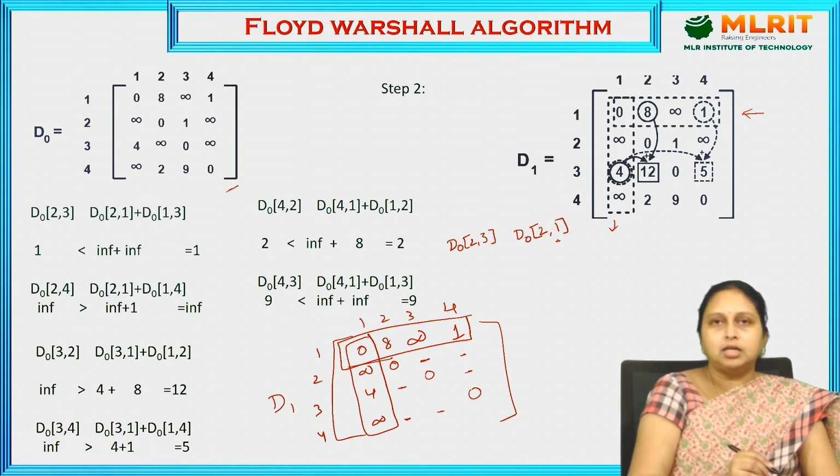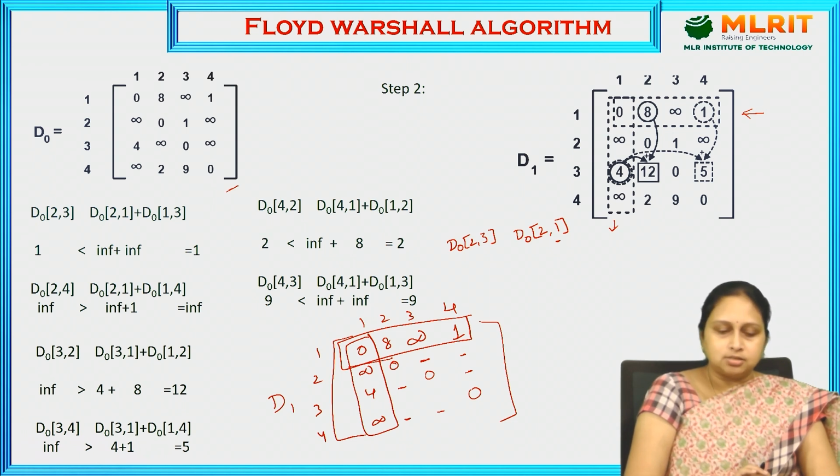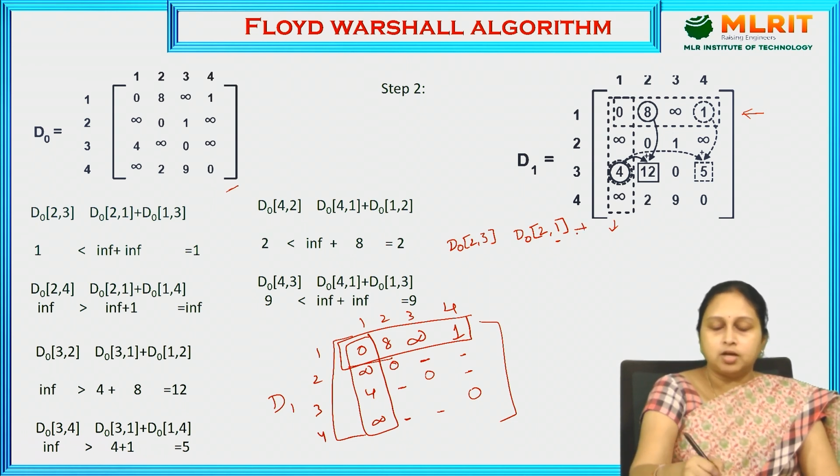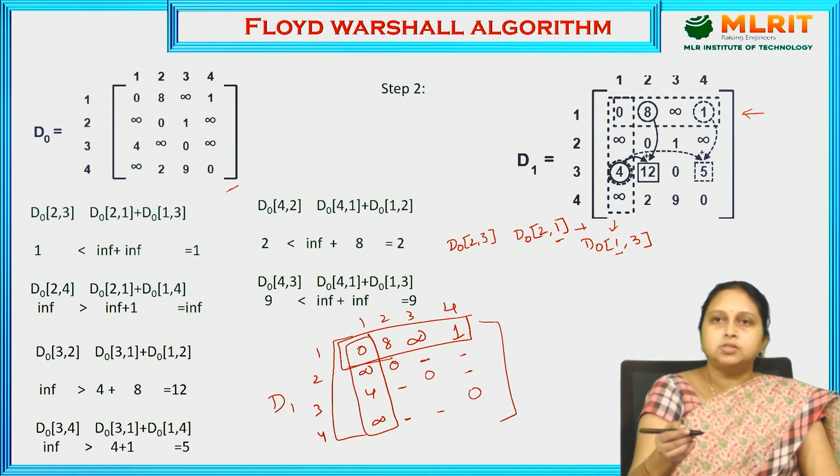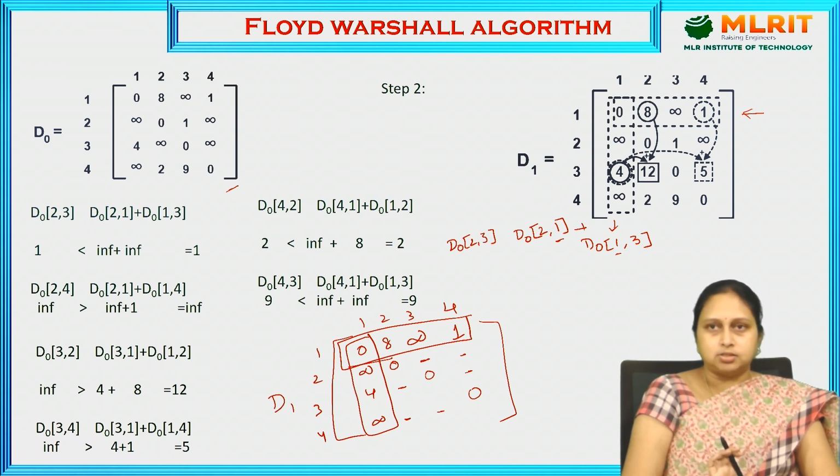Because I am taking 1 as the vertex in between 2 and 3. We are not using that particular vertex's row and column, right? Like this way we need to write. This 1 which we are not using will be considered as the middle vertex. Based on that, we need to find the remaining values.